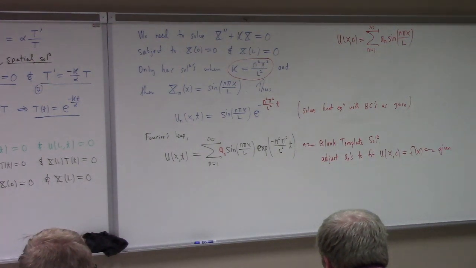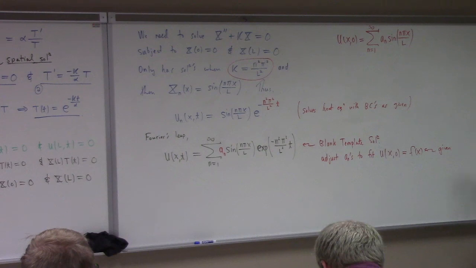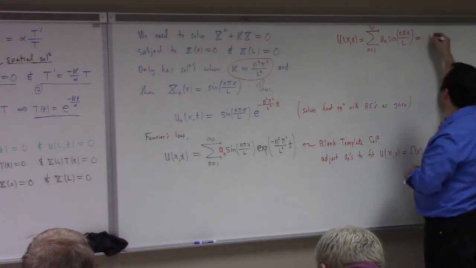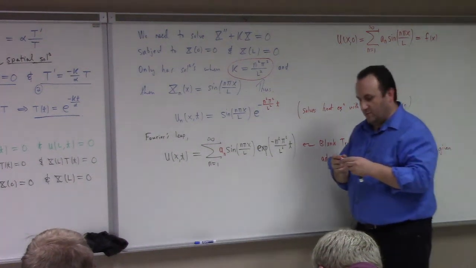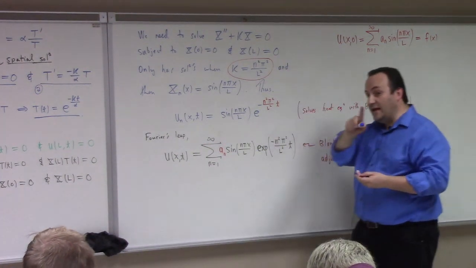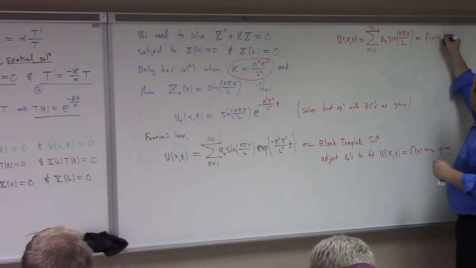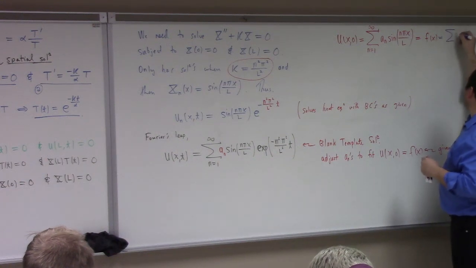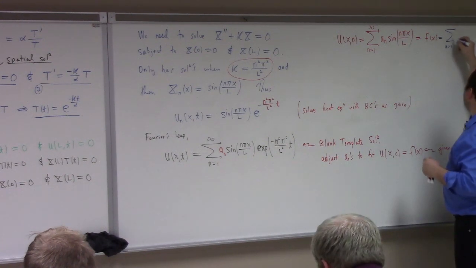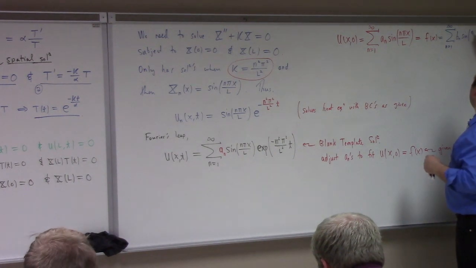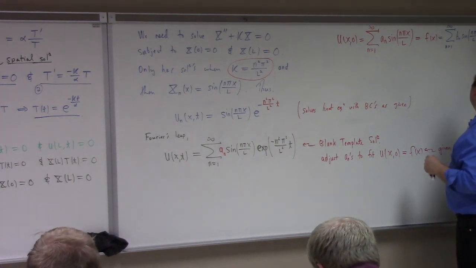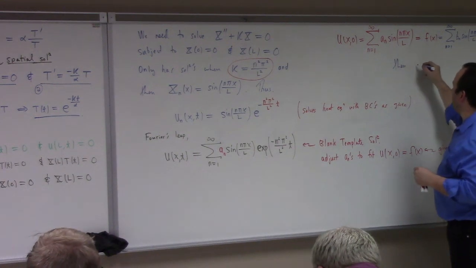Plug in t equals 0. E to the 0 is what? 1. So it's gone. And this is supposed to be equal to your given f of x. So what does this mean? This means if you can take f of x and write it by some mathematics as the sum n equals 1 to infinity of, say, b sub n sine of n pi x over L, then it's simple.